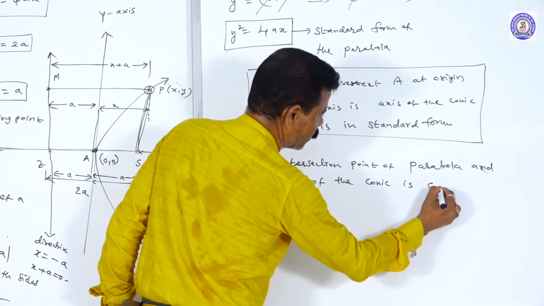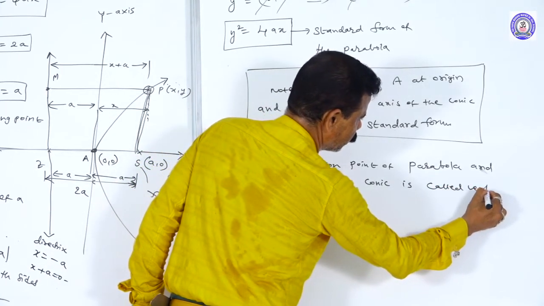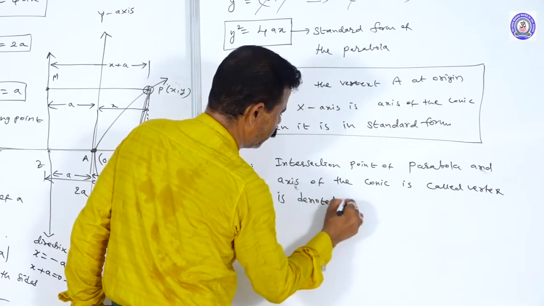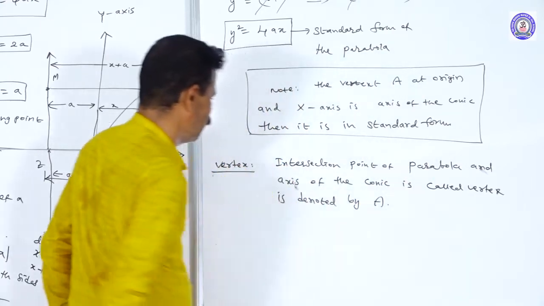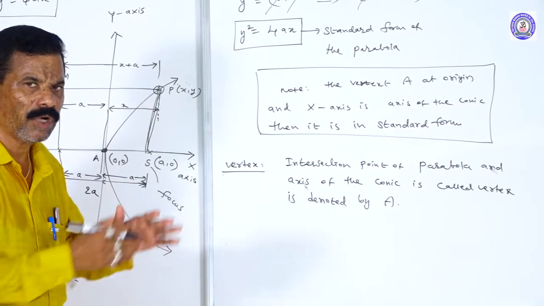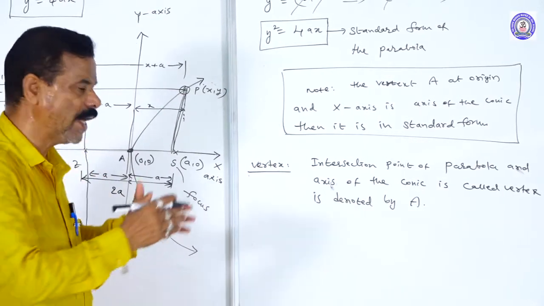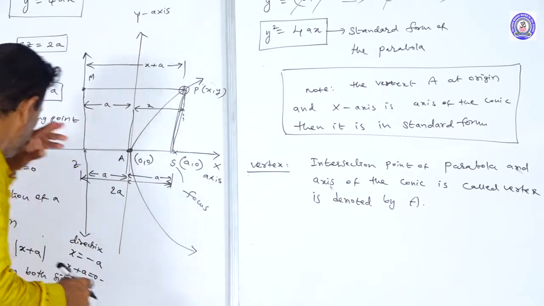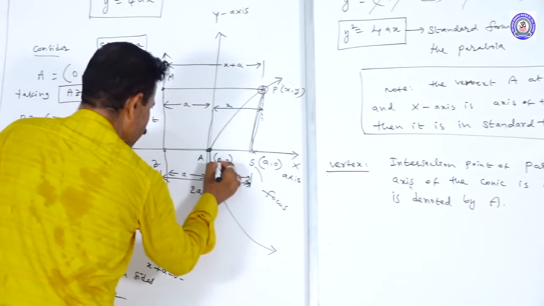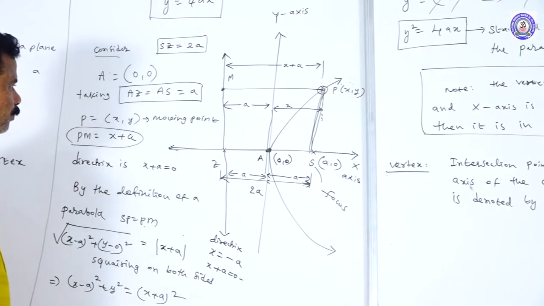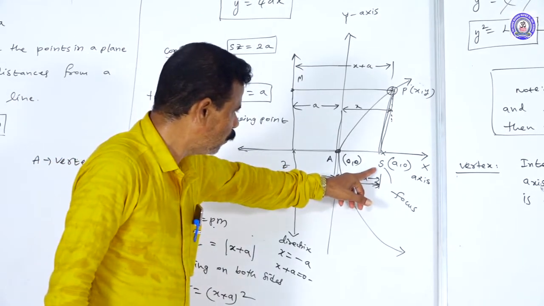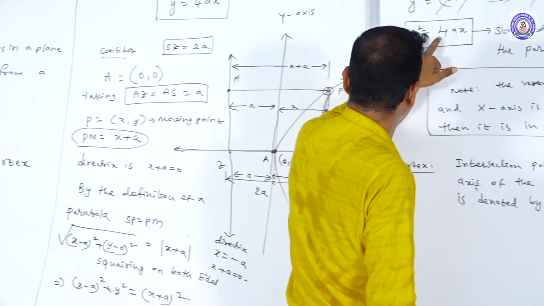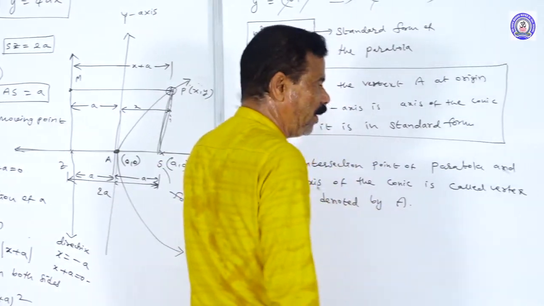It is called the vertex and is denoted by A. Here A is the origin in standard form. S is the focus, A comma 0. So y square is equal to 4ax is the standard form finally.